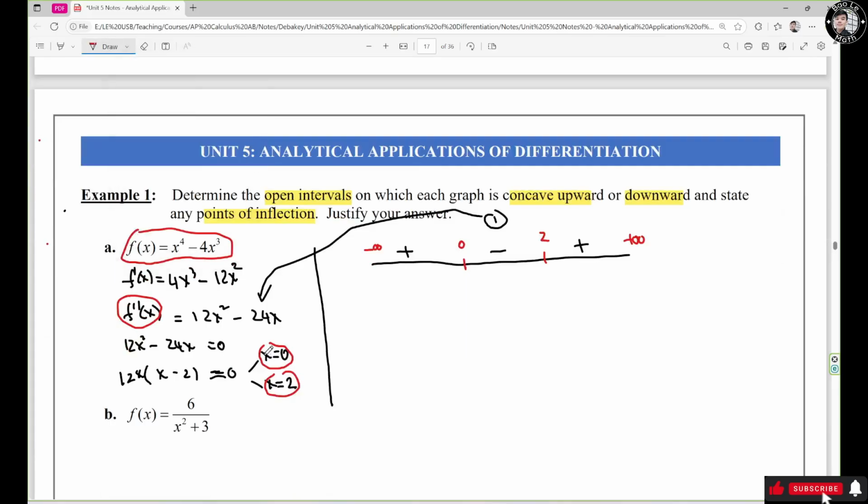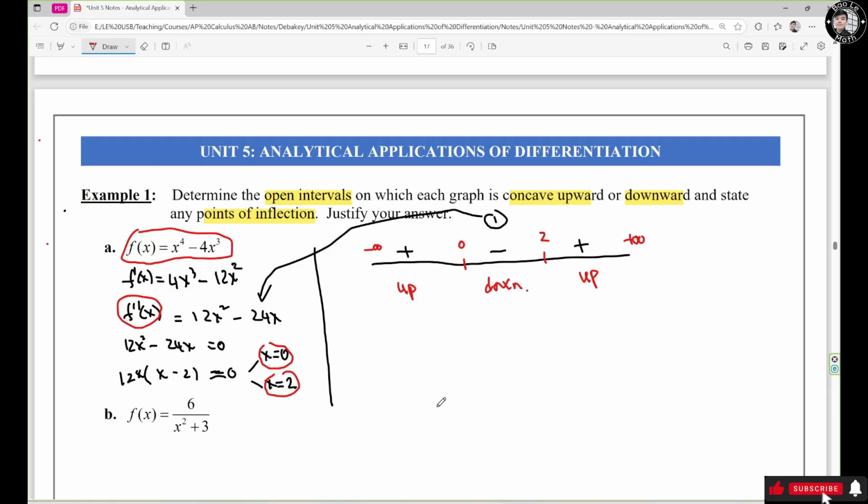So I need to say that the function f of x is concave upward from negative infinity to 0 and from 2 to positive infinity, and concave downward from 0 to 2.